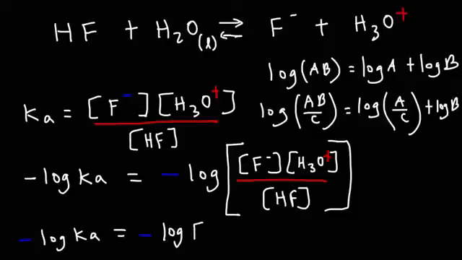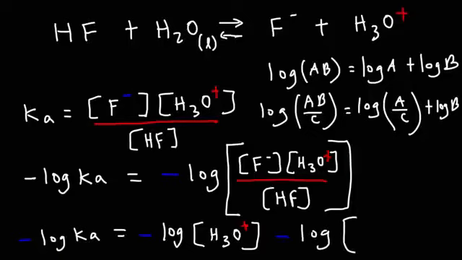So this is going to be negative log H3O plus, and then we're going to have log A over C, but with a negative sign, because this has to be distributed. And then minus log, and then it's going to be the base over the acid. So fluoride is the base, HF is the acid.